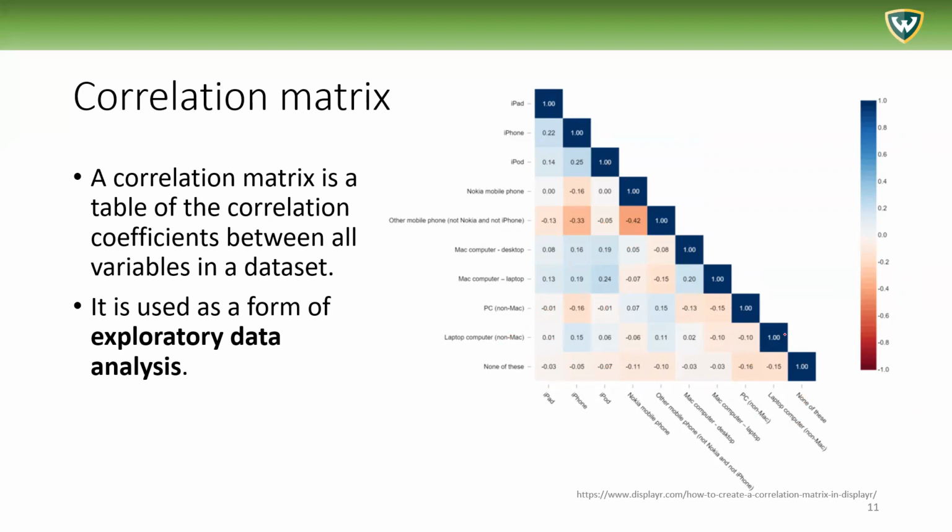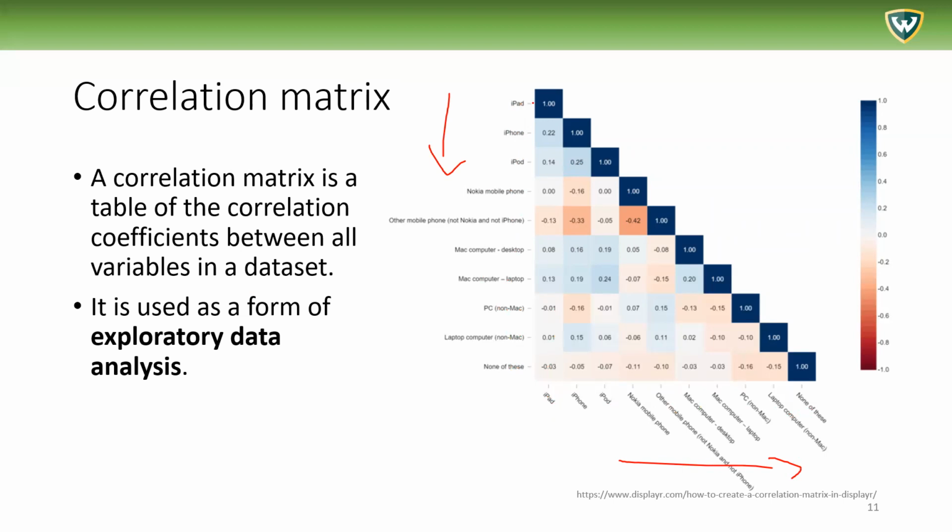So in this line over here, each of the variables are repeated. So for example, this is referring to surveys regarding different types of computers and how well people appreciate them. So we have iPad, iPhone, iPod, and so on, and you have the same variables listed here, and here, and here.